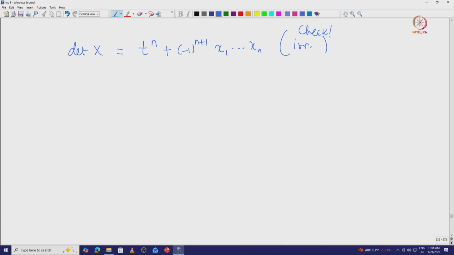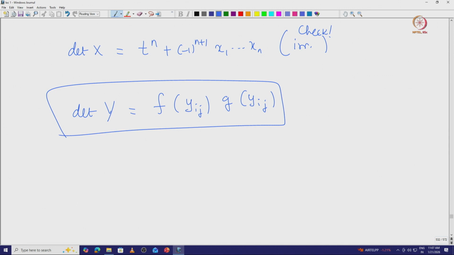So, now once you have this is irreducible, then it is clear that the determinant of Y must be irreducible. Why? Suppose the determinant of Y is not irreducible, then you will be able to write it as some f times g, where f and g are polynomials in the variables y_ij.